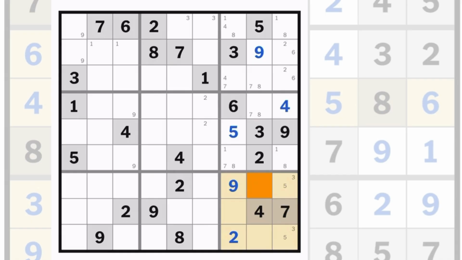Now we can post this column. So basically 7 and 8 are the likely candidates in these two cells. So this becomes the balance left-out numbers, which are 1 and 6. Now we have 1, 2, 3, 4, 5, 6, 7.